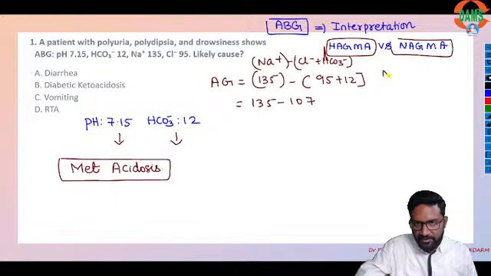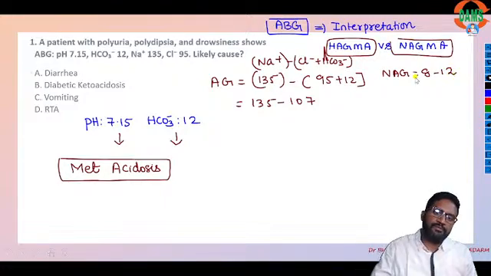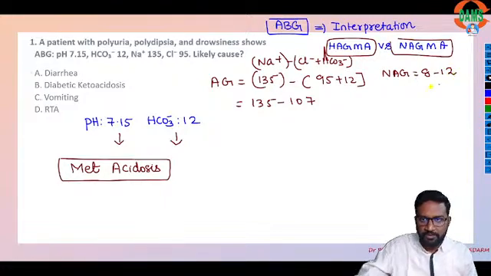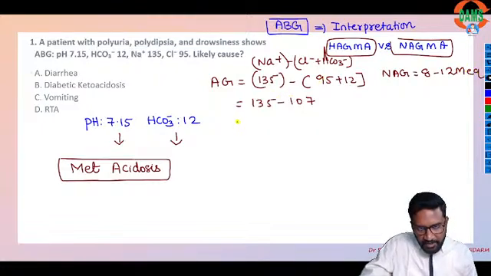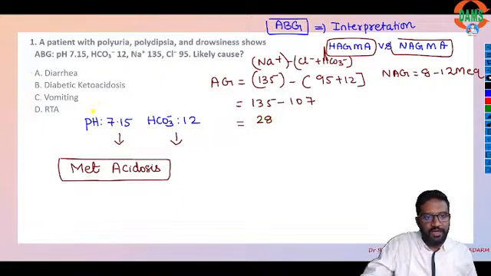Anybody from the audience? Normal anion gap is 8 to 12 milliequivalents. So this anion gap, it is somewhere 28. So it is high anion gap metabolic acidosis.